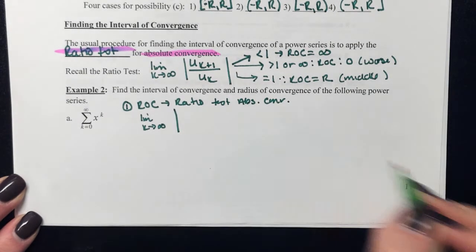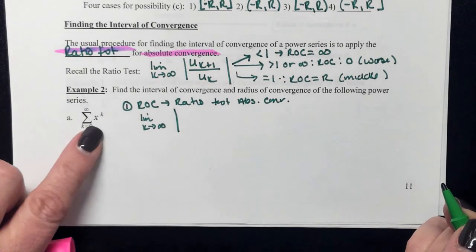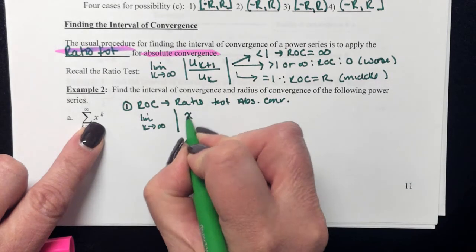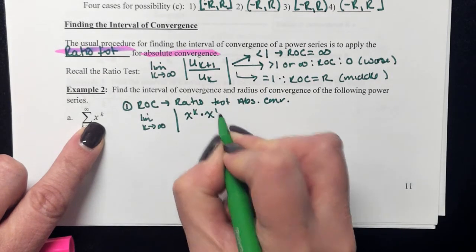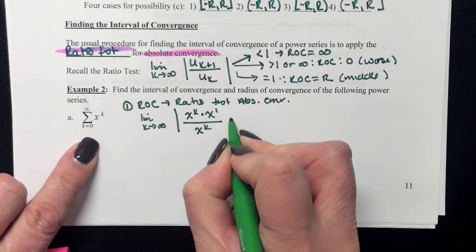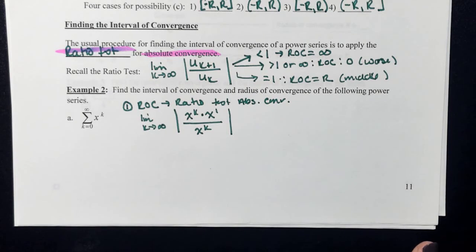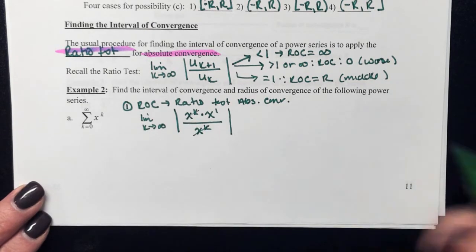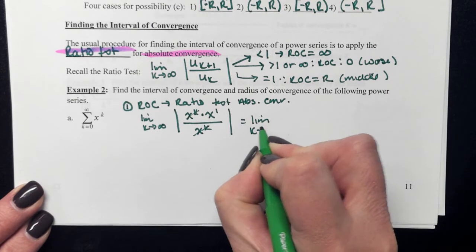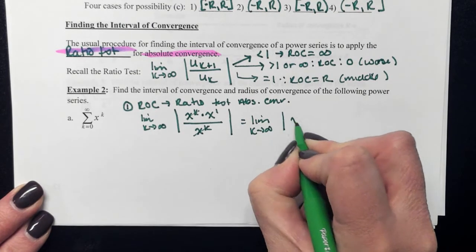Remember, it's the absolute value. u sub k plus 1 is my x to the k plus 1. So that's x to the k times x to the first, all over u sub k, which is my x to the k. You want to simplify this, obviously, so we can cancel out that x to the k. So I have the limit as k goes to infinity of the absolute value of x.